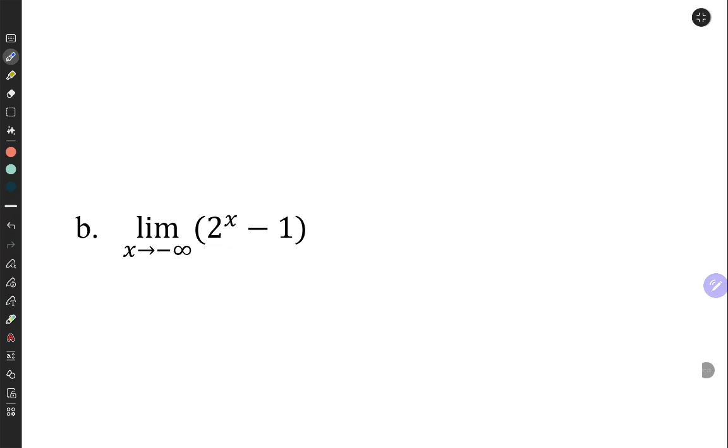Before the negative 1, don't think about that. This one alone, from the previous page, would be somewhere over here, right? The function goes to 0. In other words, that is basically 0 minus 1.